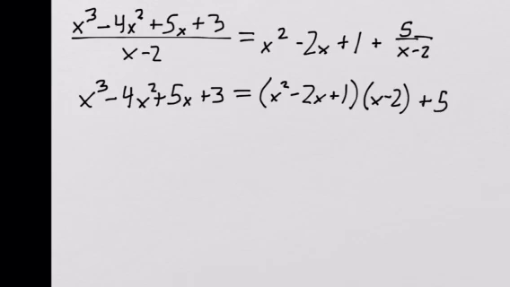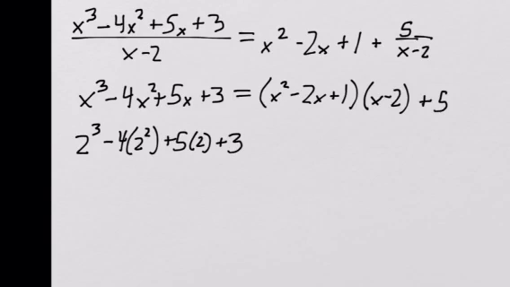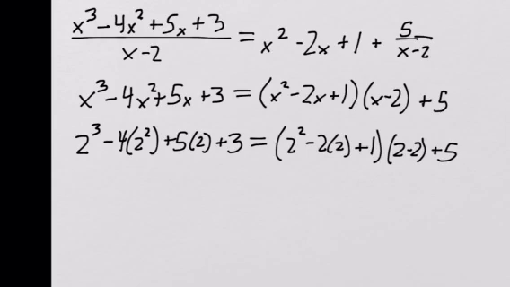Well, now, where the fun comes in is let's plug 2 in for everything. So we get 2 cubed minus 4 times 2 squared plus 5 times 2 plus 3 is equal to 2 squared minus 2 times 2 plus 1 times 2 minus 2 plus 5.